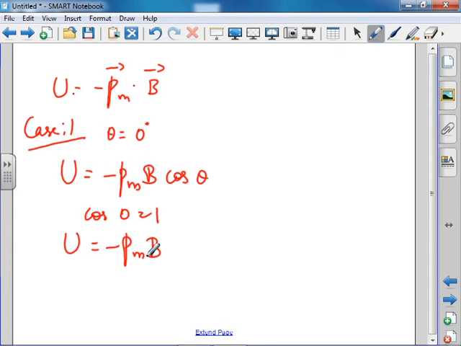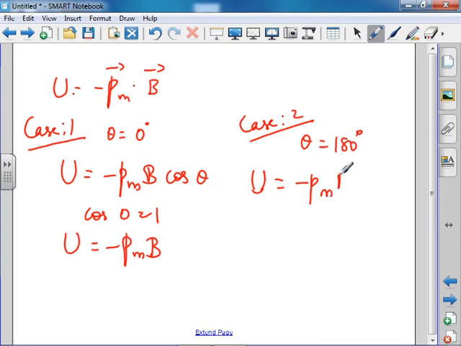அடுத்தது case 2. If theta is equal to 180 degree, then what is the value of u? U is equal to minus pmb into cos theta. This is the general equation.